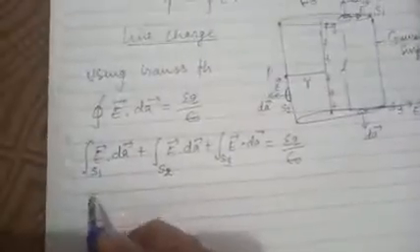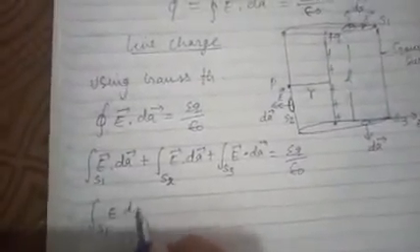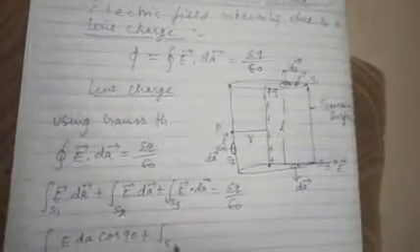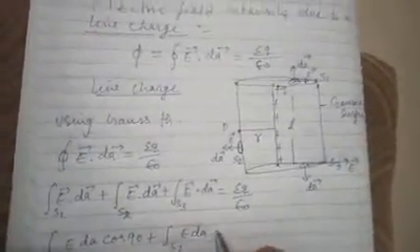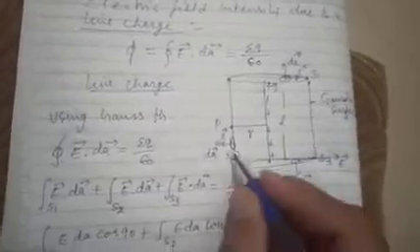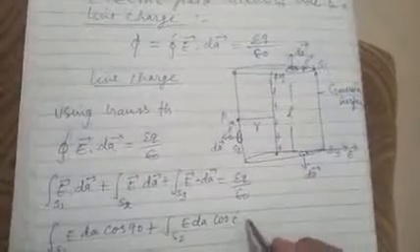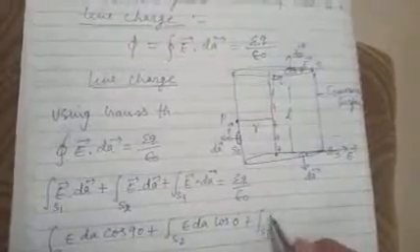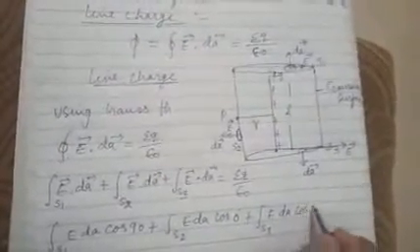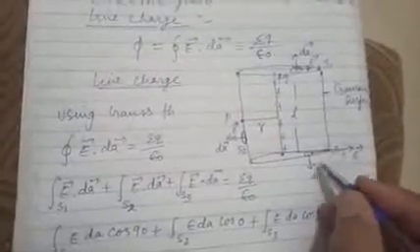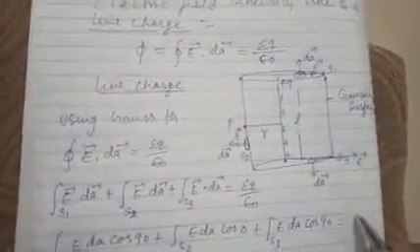Now we can solve this. For surface S1, the angle between E and dA is 90 degrees. So integral E dA cos 90, plus integral over S2 E dA cos 0, as the angle between E and dA is 0 for surface S2, plus integral over S3 E dA cos 90 again, as for this surface the angle between E and dA is 90. That is equal to summation q.